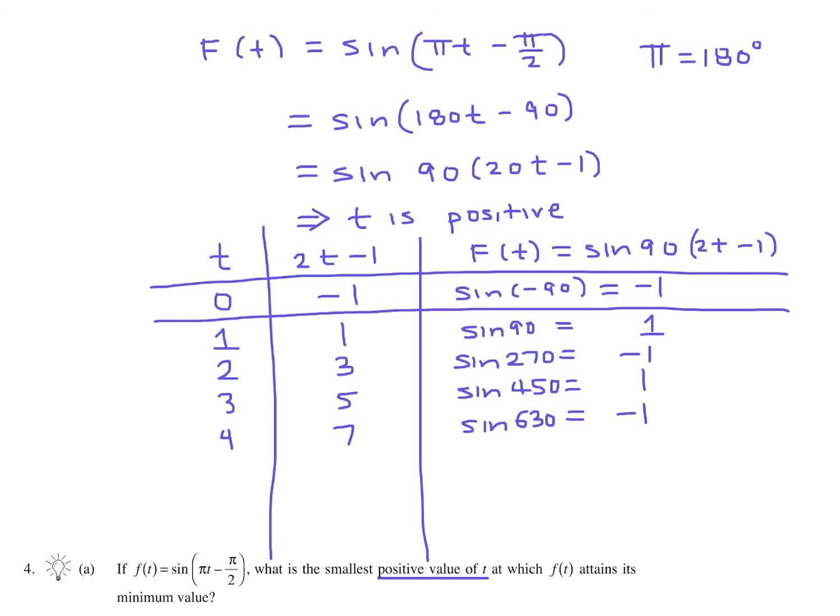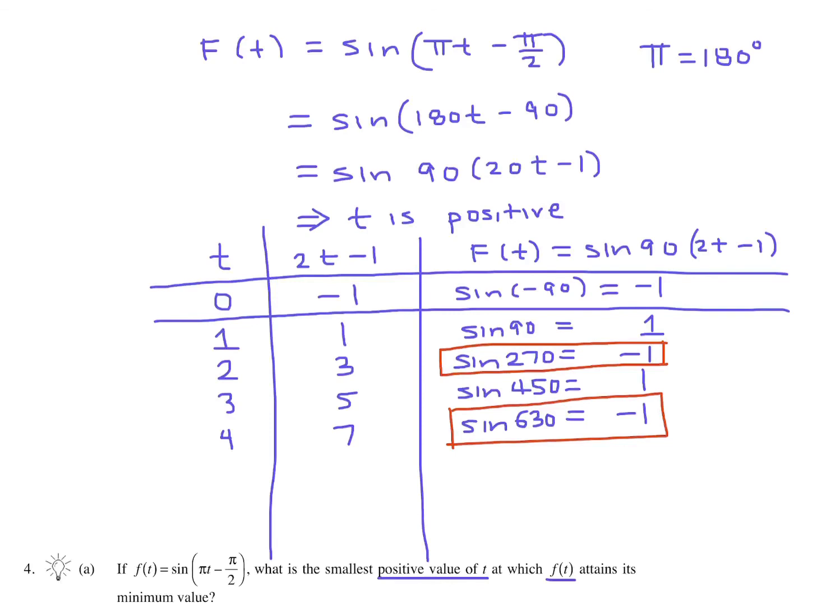So the value of f at t attains a minimum when f at t is negative 1. So these guys right here. The minimum value of f at t is negative 1. You can't go any lower than that. And when does that happen?